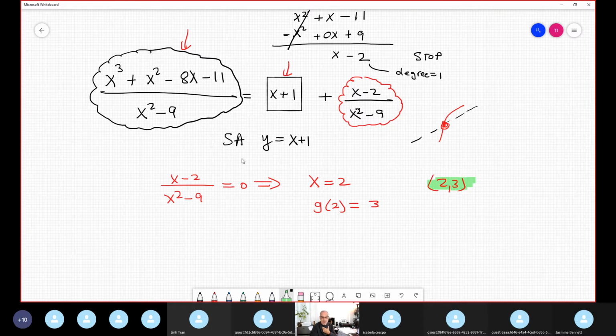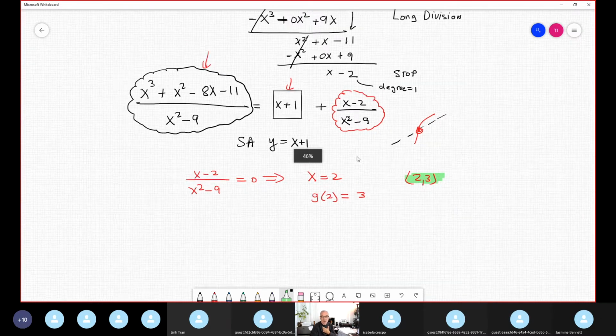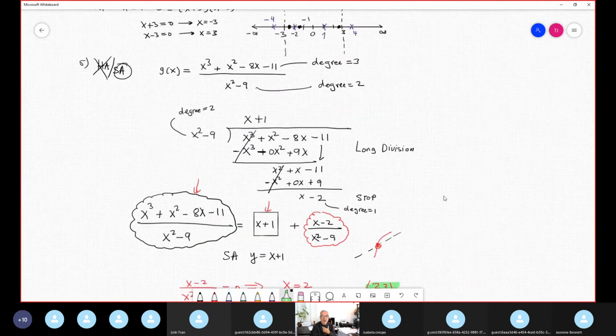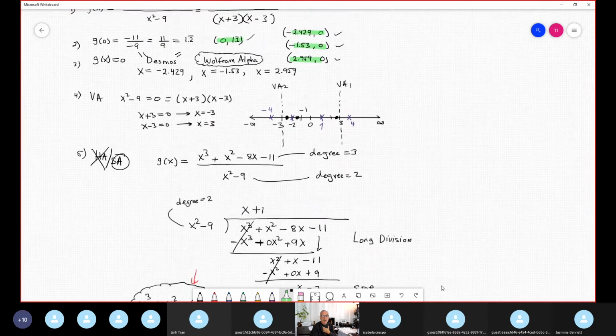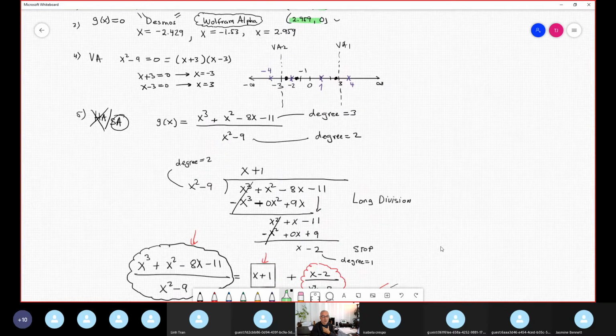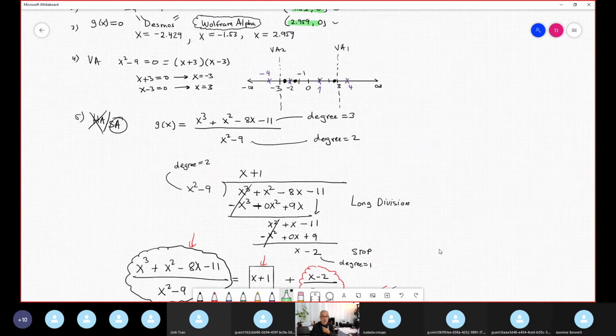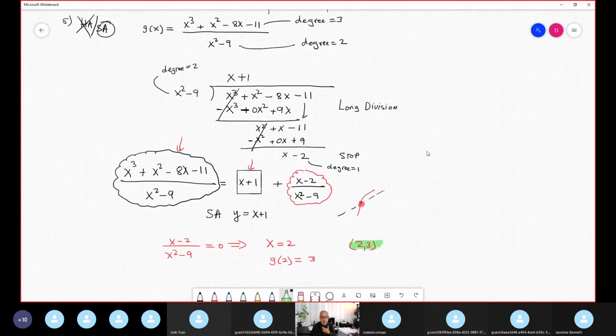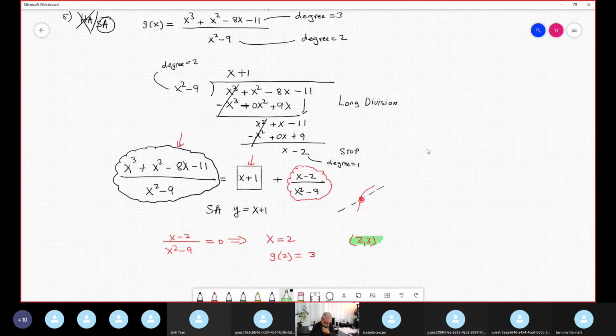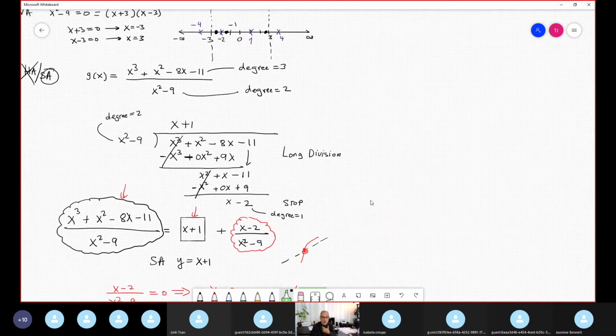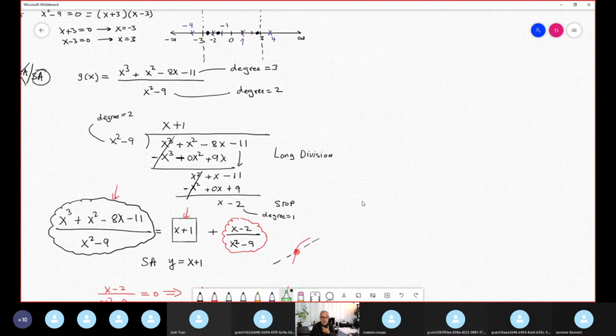Super important point. How many points do you have in total? We have in total a lot of points. We have 1, 2, 3, 4. We have the slant. We have 2 vertical asymptotes at 3 and negative 3. And we have a famous point.